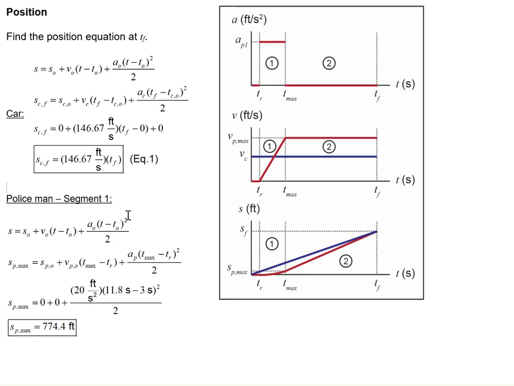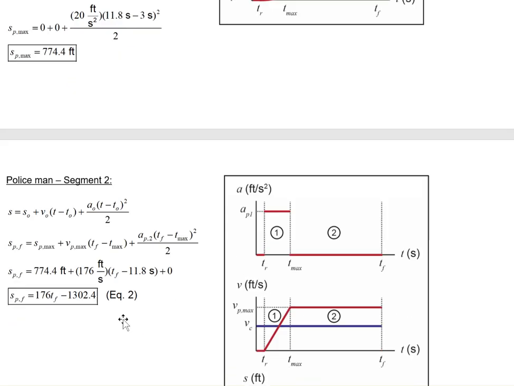The policeman has segments, so we'll do segment 1 first, and then segment 2 after. We use the same equation, plug in at T max, so we're going to plug in at this point. Our initial point is T reaction, so we plug in all of those variables, right? Initial position 0, initial velocity 0, and then we get that the position of the police car when it reaches its maximum velocity is 774.4 feet.